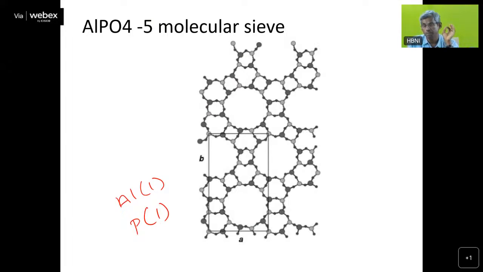So if you do magic angle spinning NMR, we get a single signal for 31P and also a single signal for 27Al. So whatever distance you evaluate from the dipole-dipole coupling is nothing but the average distance between aluminum nuclei and phosphorus nuclei.